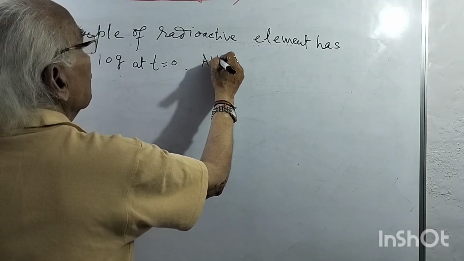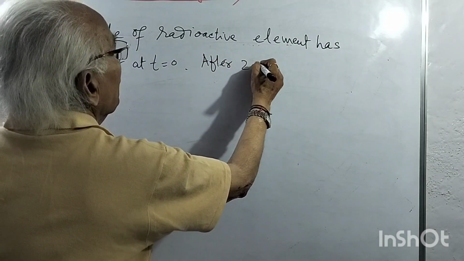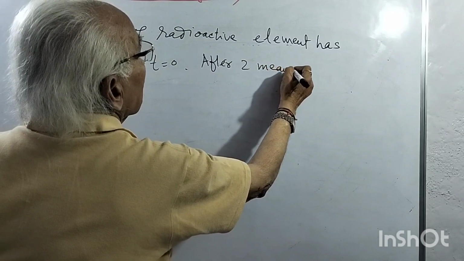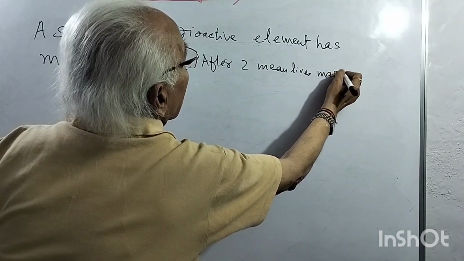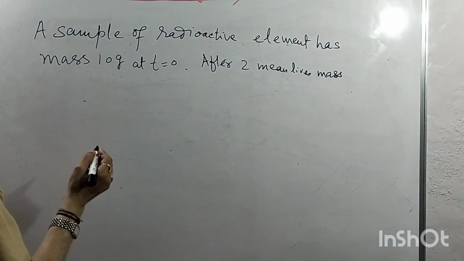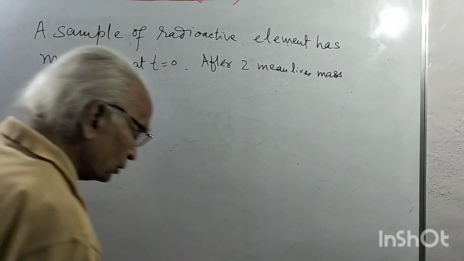After 2 mean lives, calculate. 10 gram is at t equal to 0.